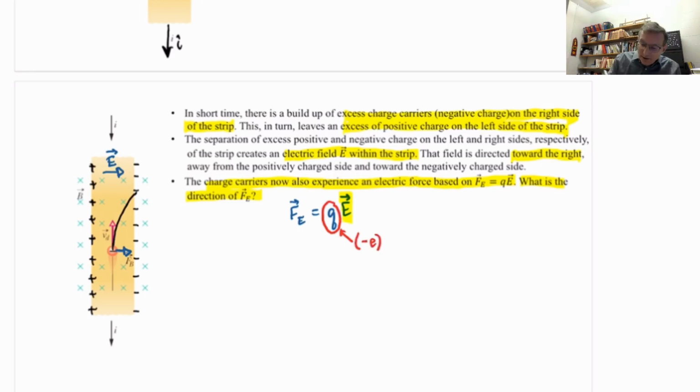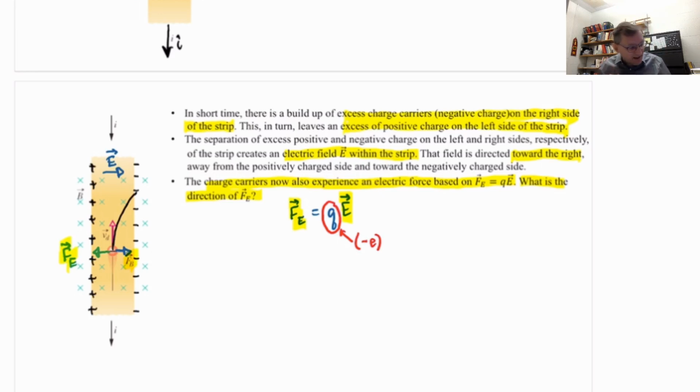So what's the direction of Fe, F electric? Well, opposite to the electric field. So the electric force is that way, to the left, opposite to the magnetic force. You see that? F electric and F magnetic are in opposite directions.